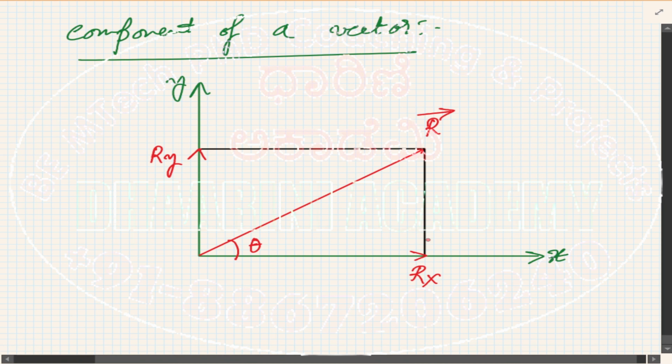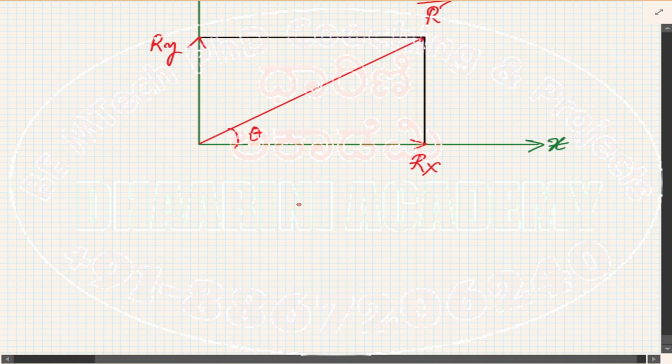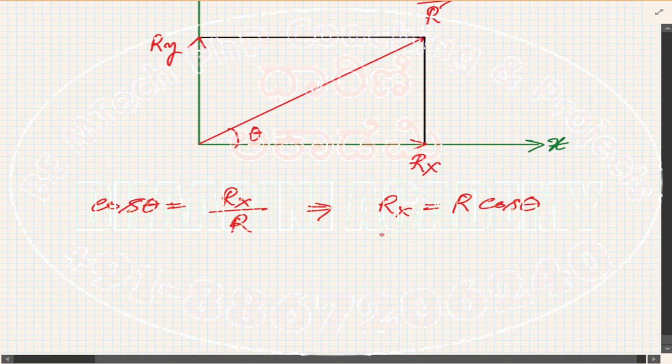Now using the property of a triangle, we can write cos theta is equal to Rx divided by R. It's a magnitude always. So this implies if you want to calculate Rx, x component of the vector R, it is R cos theta.